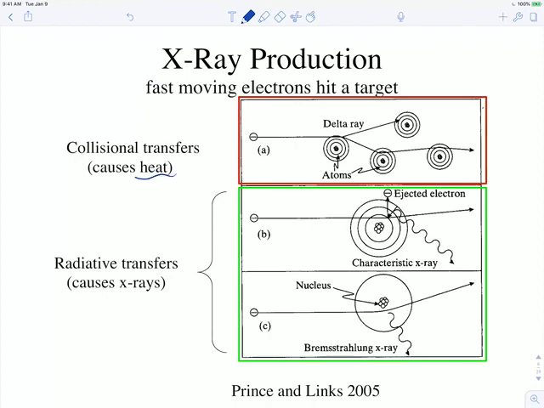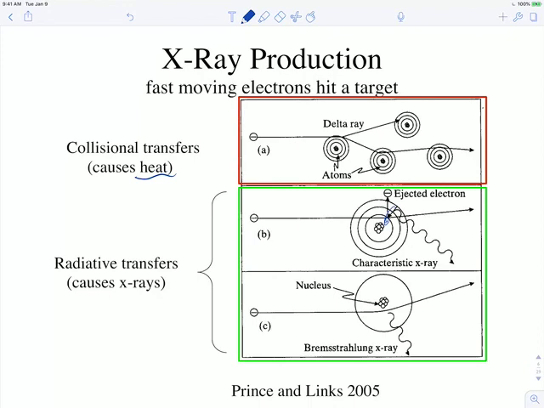The interactions we really care about are two. One is you can have the electron hit an electron in one of these inner orbitals, and then as an electron from an outer orbital drops into that space, that dropping gives off an X-ray with a certain frequency.